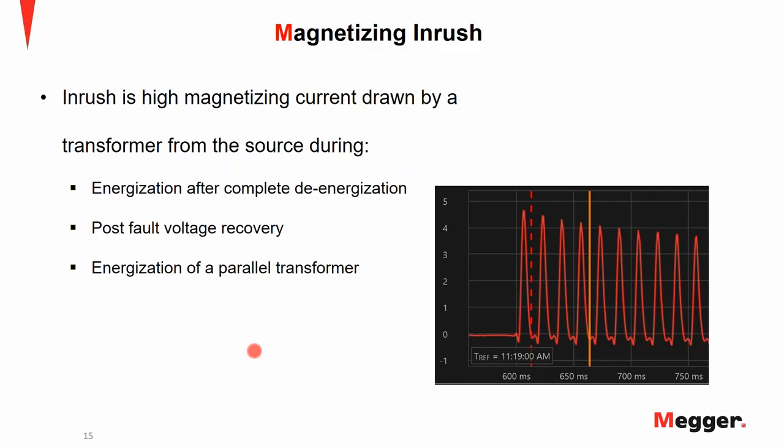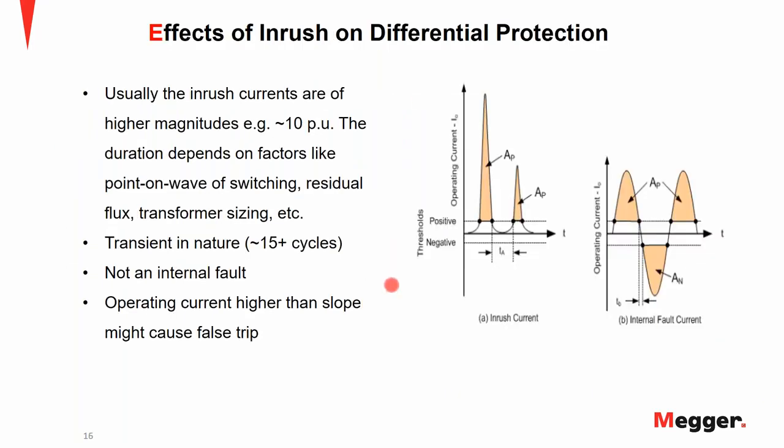So there's a lot of different factors that can take place, where we could get some remnants or be affected by the harmonic restraint, or the harmonics, or inrush of the transformer. The inrush currents are usually higher magnitudes.